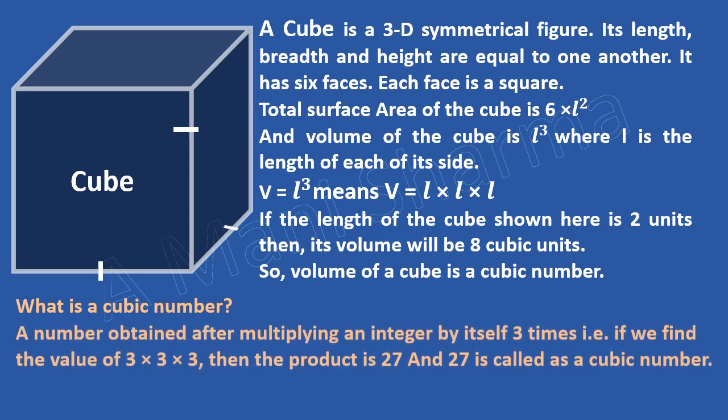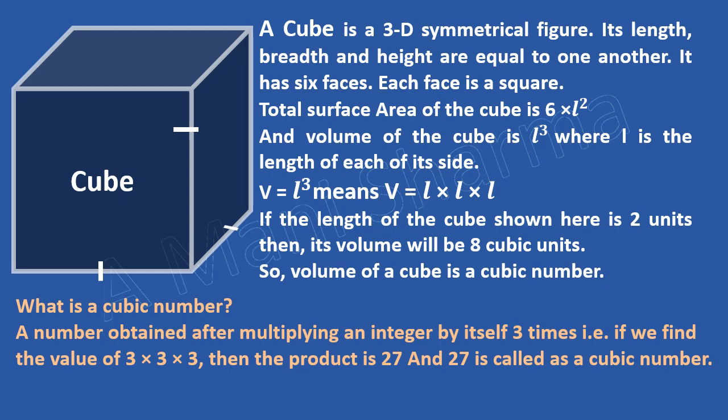Why cubic number? See, 8 cubic units. We got 8 by multiplying 2 by itself 3 times, that is 2 into 2 into 2, not 2 into 3.